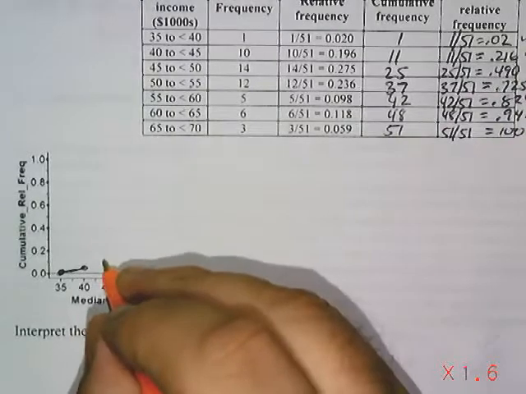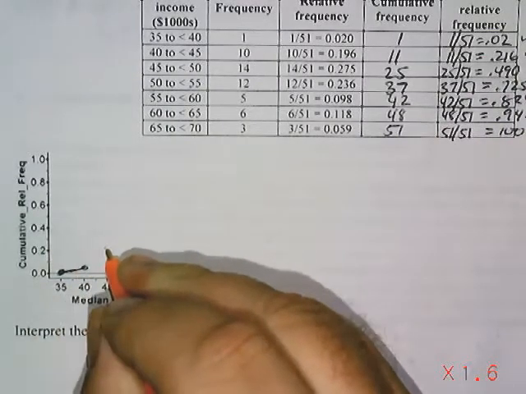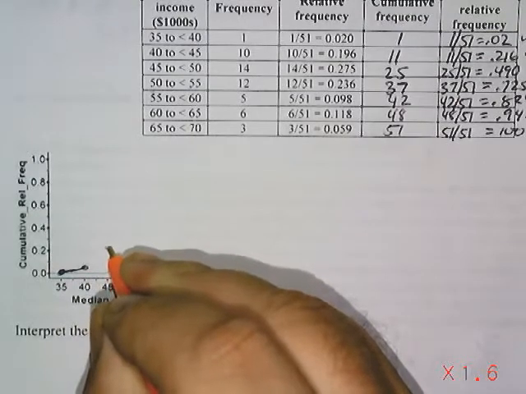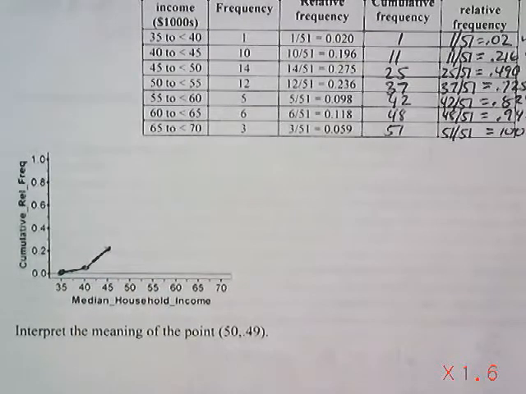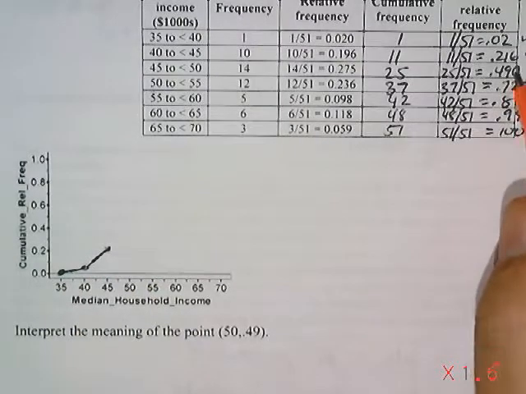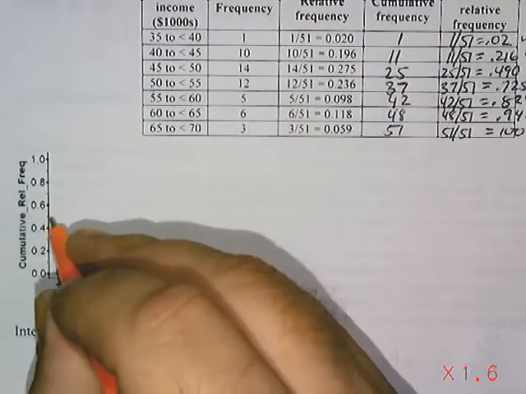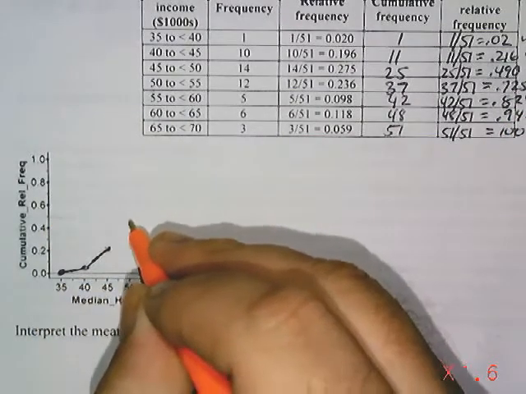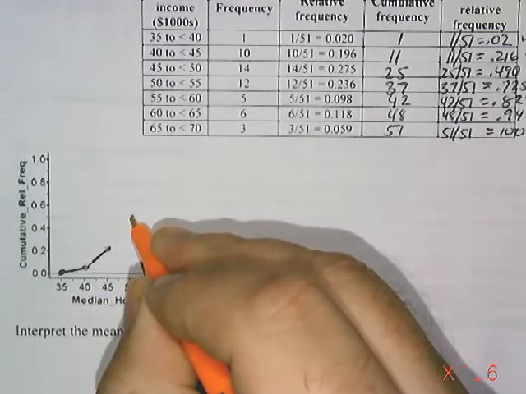And B says, estimate and interpret the first quartile. So they want Q1. Actually, we're going to do Q1, the median, and Q3. Well, we learned when we made box plots, when we did our 5-number summary, that 25% of the data is below Q1. In other words, this is the 25th percentile.